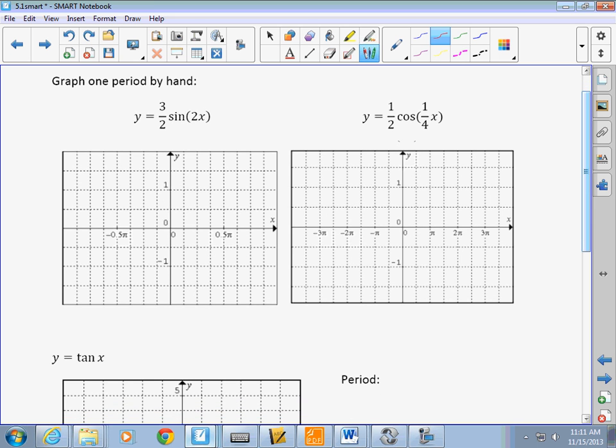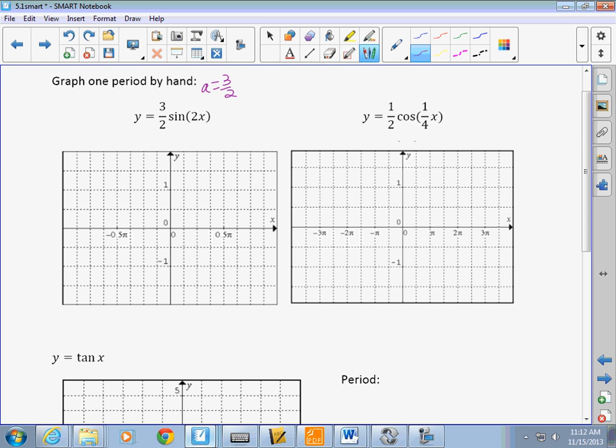Okay, so this is putting both of these things together. You're putting your amplitude or your vertical displacement and your horizontal shift together for this one. So I have 3/2 sine 2x. For this one, maybe I'll do this in purple. My a is equal to 3/2. So that means instead of being at 1 and -1, I'm going to be at 3/2 and -3/2. 2x means that's going to affect the period of this graph.